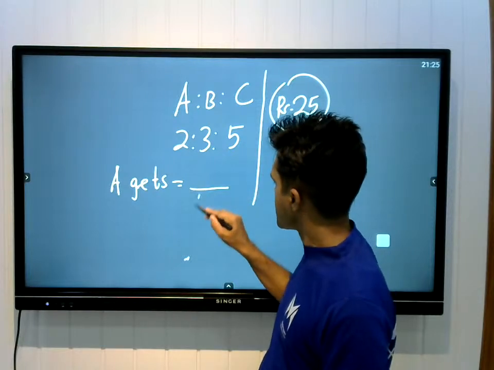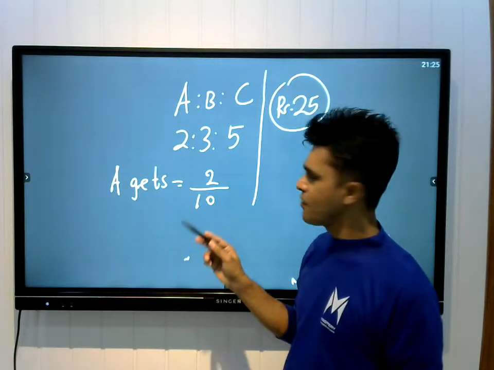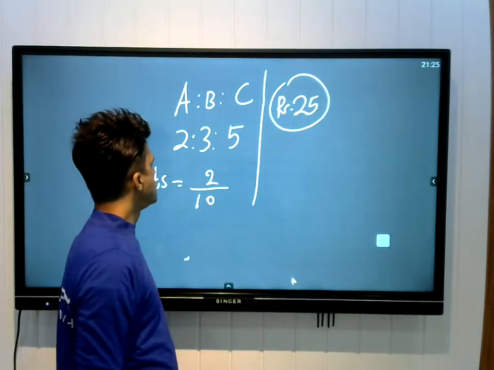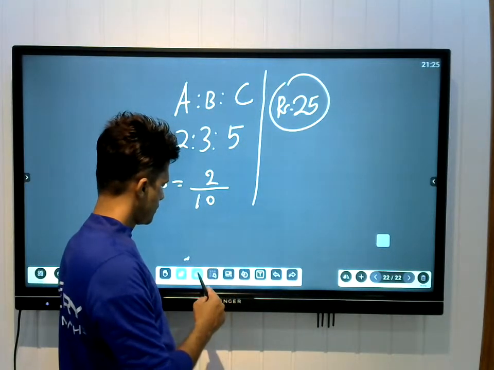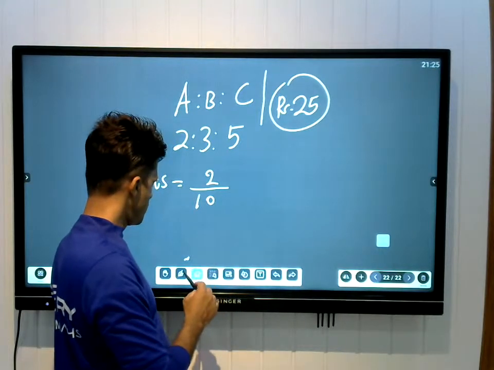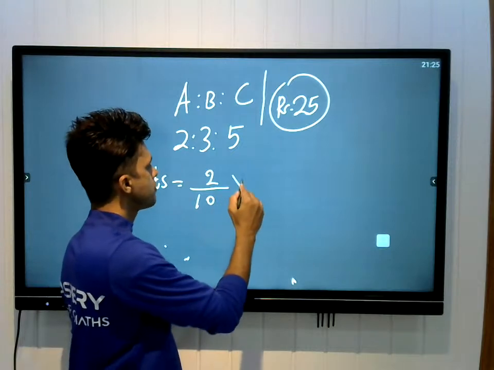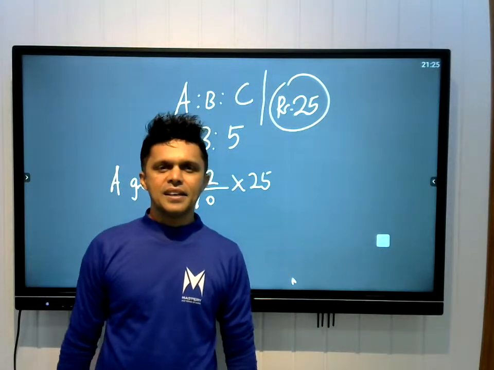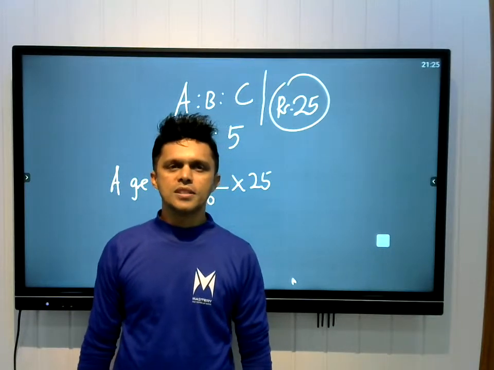Here you can write 10. 2 over 10, which means if 10 rupees is divided, then A gets 2 rupees. Here the amount which is divided is 25 rupees. Now, how can you do this?